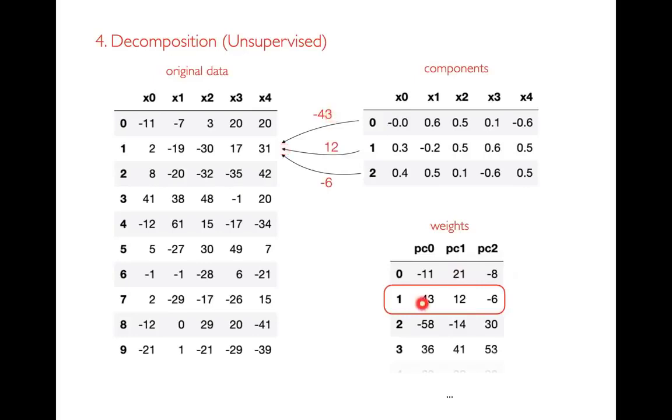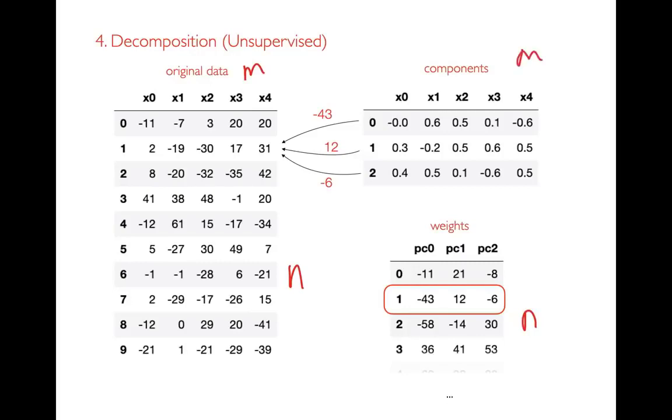I'll say -43 here, 12 here, and then the -6 here. Since I'm putting these mixtures for every row down here, that means that if there are n rows over here, then there are also going to be n rows over here. If there are m columns over here, then there would be m columns over here.